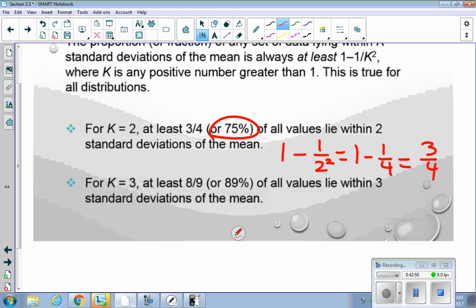So Chebyshev's theorem says at least 75% in any data set. It doesn't have to be normally distributed. Then we know more about it if it is normally distributed. And within 3 standard deviations, 89%.